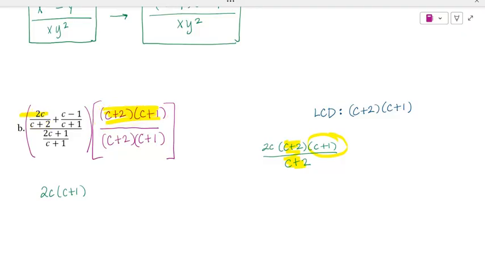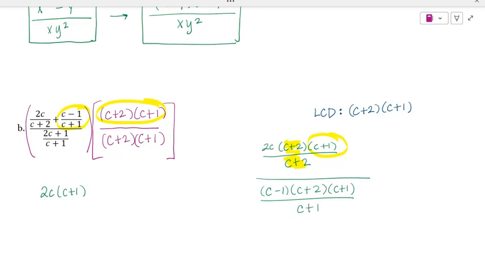All right, let's continue. Now let's do the same thing, but multiply this by this fraction. When I do that, I'll have c minus 1 as the first thing, c plus 2 and c plus 1, and then divided by c plus 1. Again, I've chosen that common denominator because it'll cancel with that denominator there.